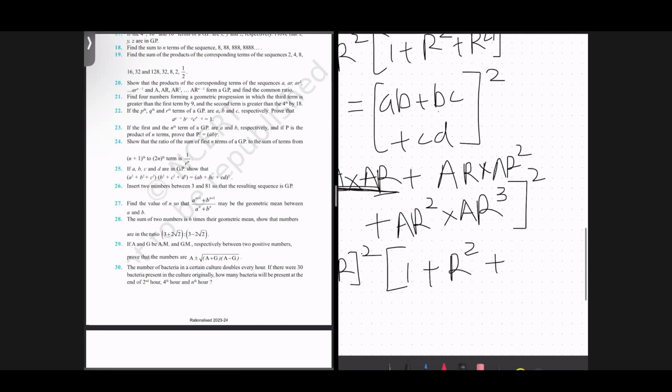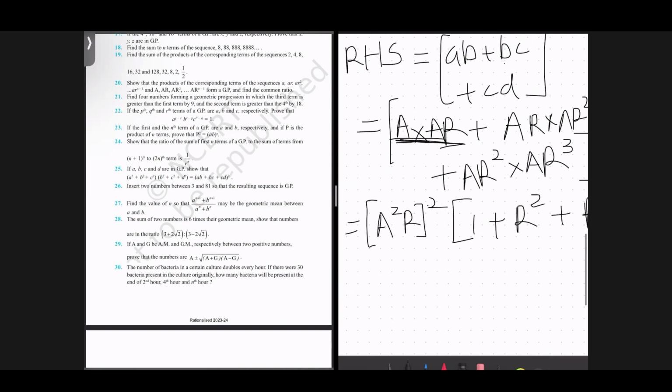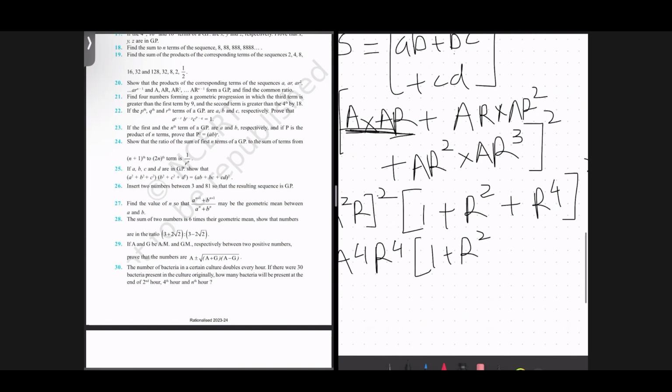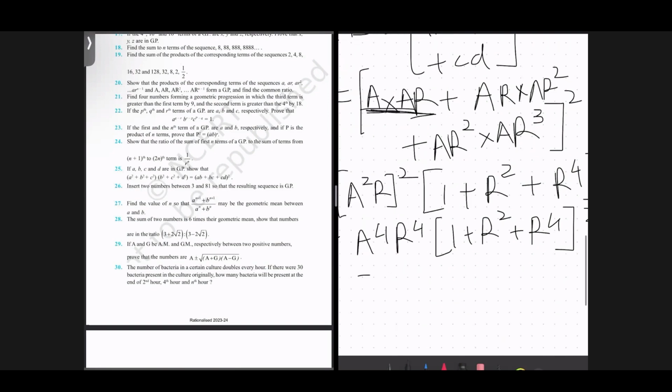And from the third term, you get R raised to the power 4 remaining. That is going to be whole squared, right? So A square R the whole squared is A raised to the power 4 R square, and in the bracket you would now have (1 plus R square plus R raised to the power 4) whole square, right?